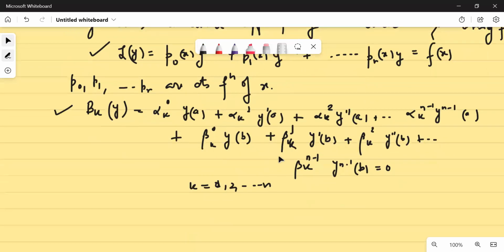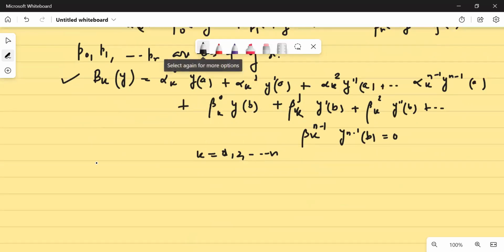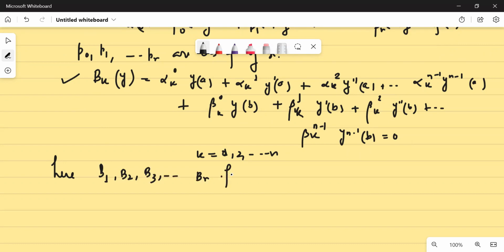So if these are the conditions, then I will write here that the conditions B1, B2, B3, up to Bn form n boundary conditions.